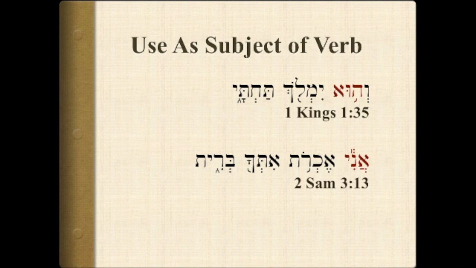Here are a couple of examples where the independent pronoun is used as the subject of a following verb. In this case, you have independent pronoun, verb, and then a prepositional phrase with a suffix. Now, strictly speaking, this verb does not need a separate word as a subject because the subject is included in the verb.